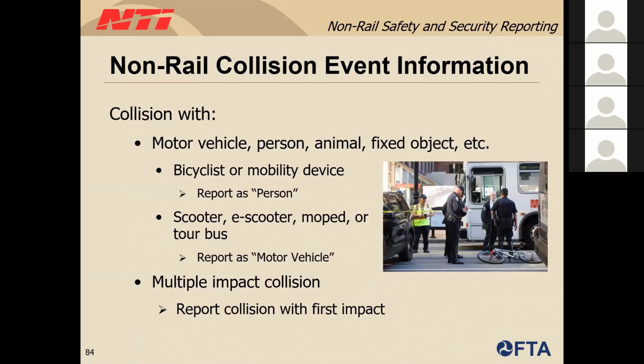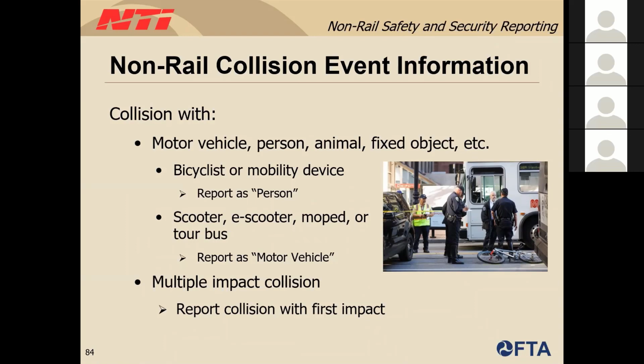For the collision with selection, indicate what the transit vehicle collided with, such as another vehicle, person, fixed object, and so on. A collision with a bicyclist, pedicab, a person in a wheelchair, or on an electric scooter is reported as a collision with a person.